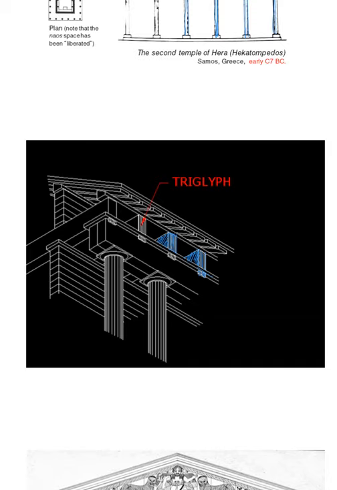Now, it's not exactly true, or let me rather say it this way, it's not certain that everything in the Doric order is simply a stone interpretation of earlier timber structures. Some have gone further and speculated, for instance, that the gatti are actually symbolic of drops of blood, because these places were places of sacrifice, and that blood would have dripped down some of the structural elements, and that those were cast in stone, as it were.